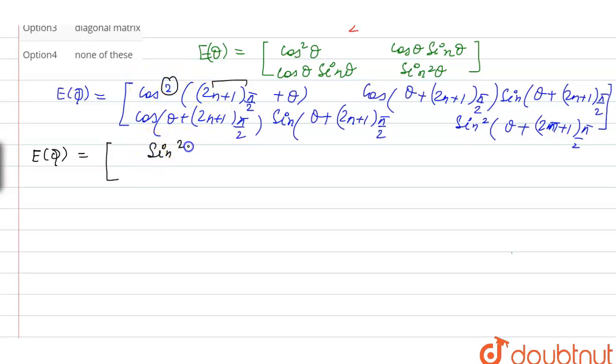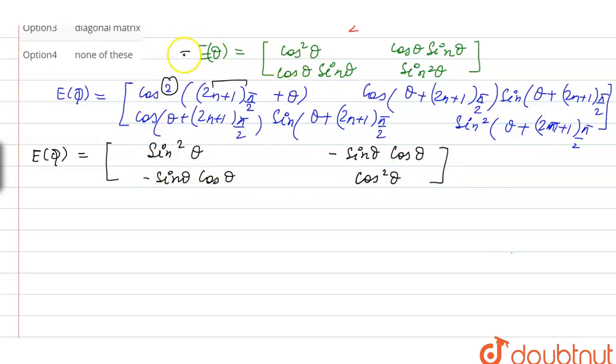The next expression becomes minus sine theta into sine of 90 plus theta, which is cos theta. This will become cos of 90 plus theta, so that is minus sine theta into cos theta. Again, sine square of 90 plus theta becomes cos square theta. Finally, we have simplified this.